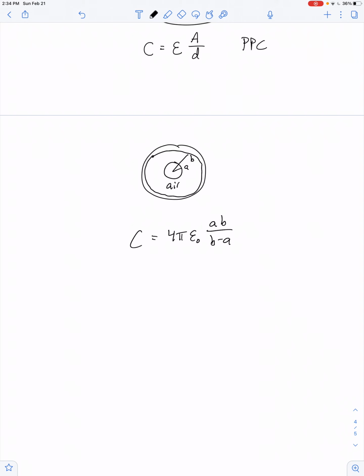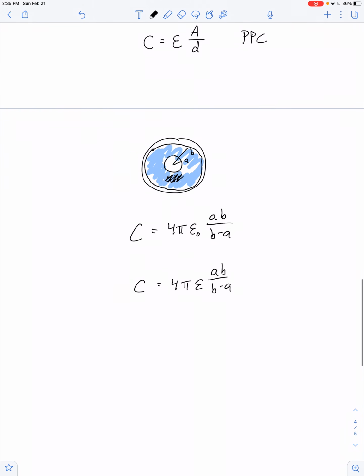That's if it's air-filled, but if it's filled with some dielectric material other than air, then you guessed it, the capacitance is equal to 4 pi epsilon AB over B minus A. So the form of the equation doesn't change.